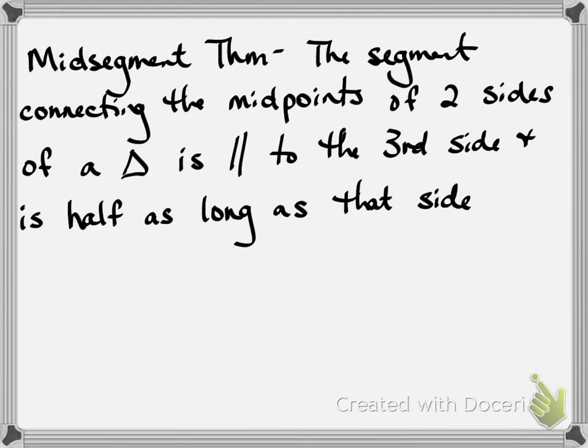So my goal is that we work on this theorem over and over today. So there's our triangle. We're going to say that this is a midpoint right here and that this is a midpoint right here. I don't know if that quite looks like it's a midpoint, but then this segment is the midsegment.